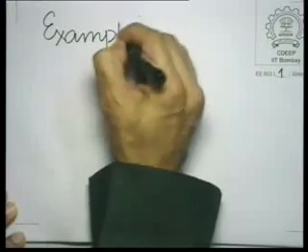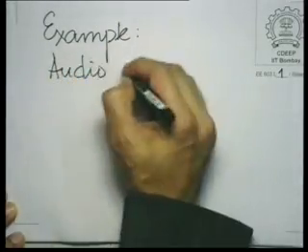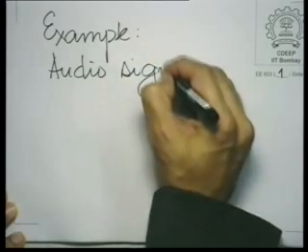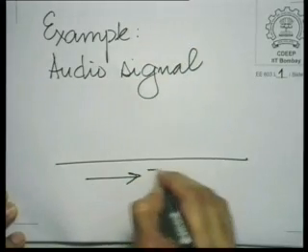In an audio signal, the independent variable is time. Right? So in fact, let's make it a practice to write down. So let's take an audio signal as an example. Independent variable is time.